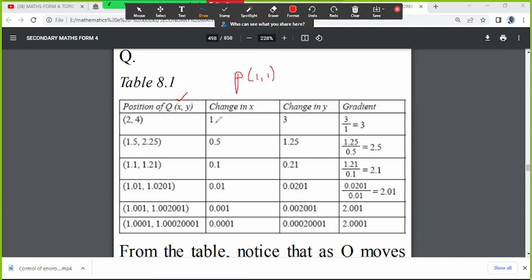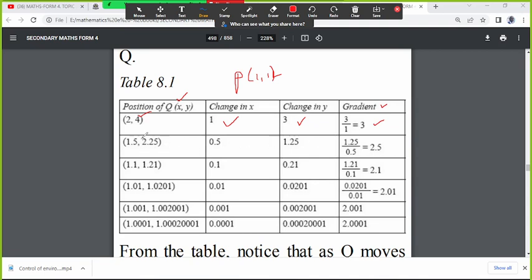When Q is at 2, 4, the change in x is 1, that is 2 minus 1. The change in y is 3, that is 4 minus 1. And now the gradient is 3 over 1, change in y over change in x.